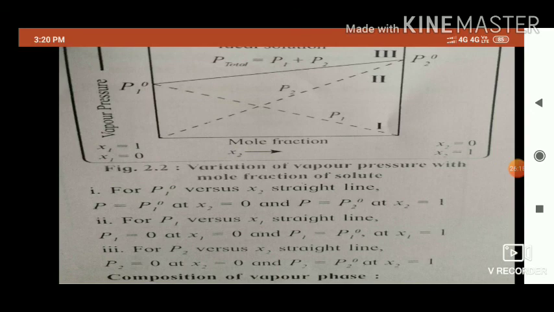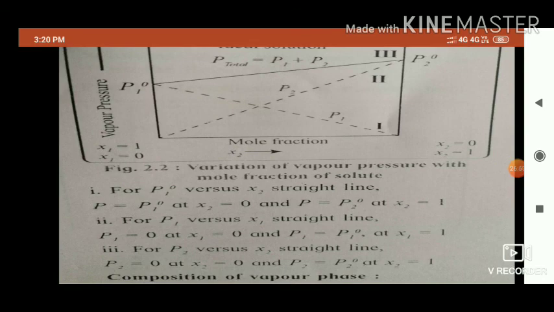In the second case, we consider the A1 component, that is the first component, and the equation is P1 is equal to P1 naught into x1. If we take the value x1 equal to 0, then P1 naught into 0 means P1 is equal to 0.